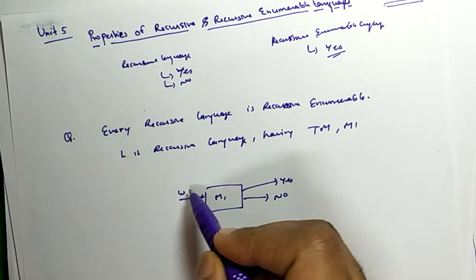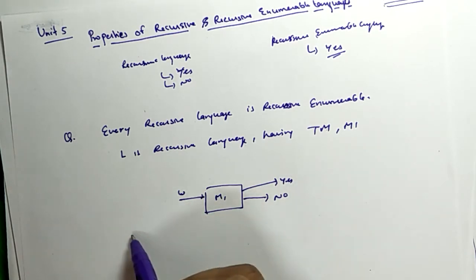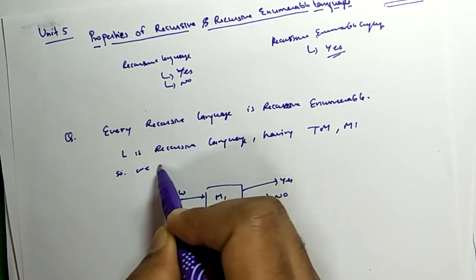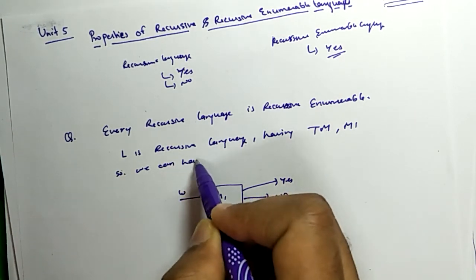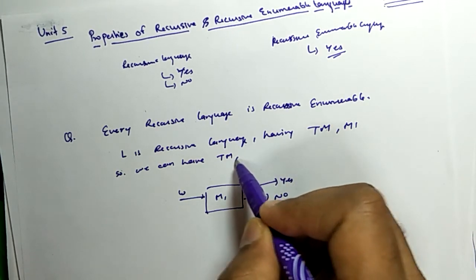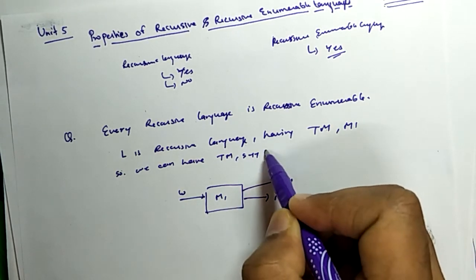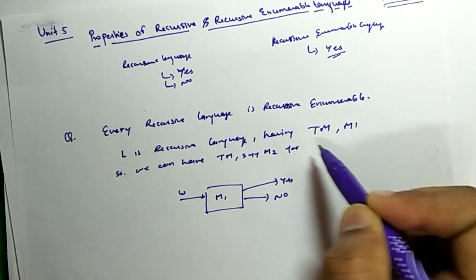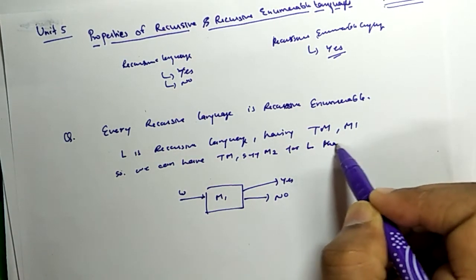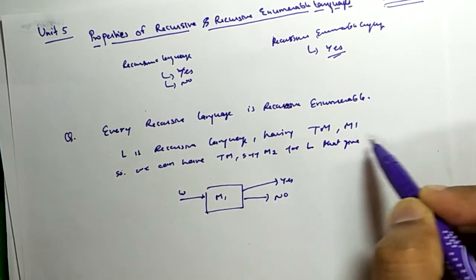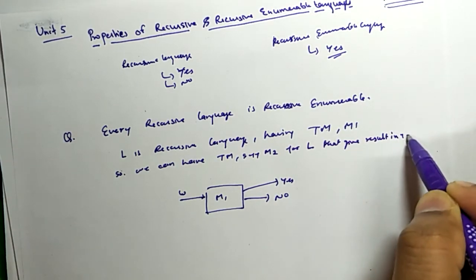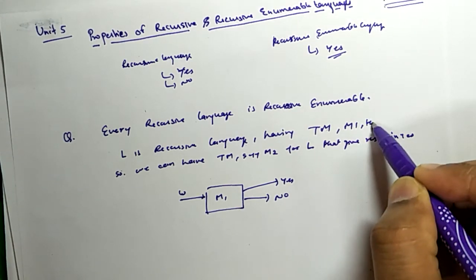So we can have a TM, say M2, for L that gives the result in yes.